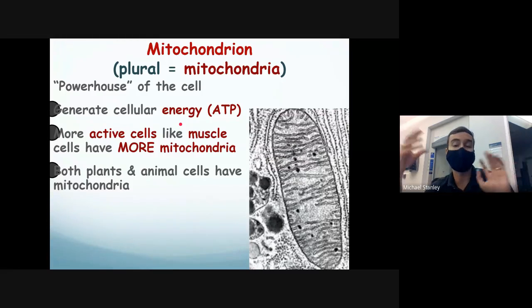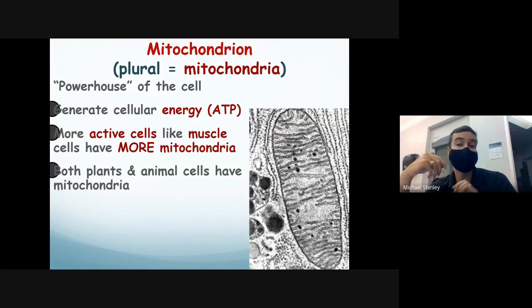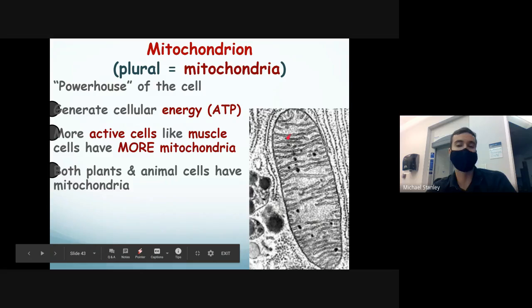So they use light energy from the sun, they convert it into sugar, and then they convert that sugar to cellular energy for the cell. And they get that cellular energy from the mitochondria.